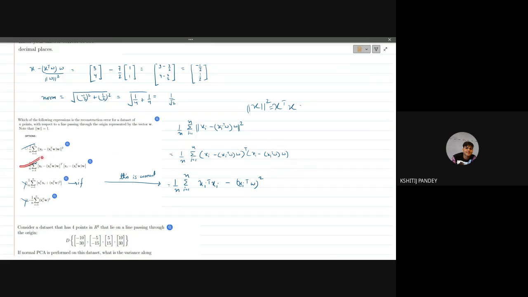If we further simplify it, distributing the transpose and multiplying everything out, in the end we get this expression, if you remember from the theory part. This is another expression which can be given in options, but it is not given. There is something similar here, but it is not the same thing. Here you don't have a minus. If we had a minus here, this option would also be correct. Is this part clear?